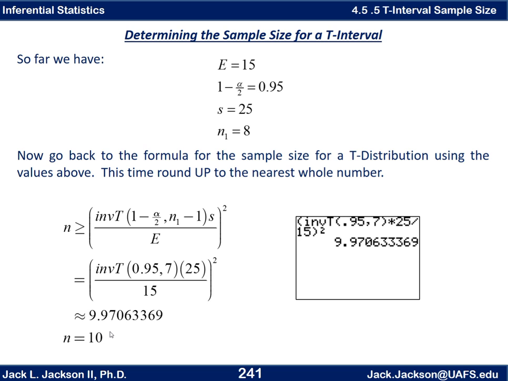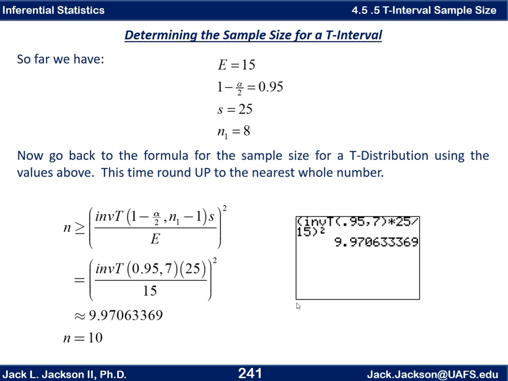Round up to 10, and so 10 should work as long as the s is not bigger than 25, and as long as we can assume that a t-interval is appropriate, that is, the distribution of sample means is approximately normal. We see that a sample size of 10 should work.